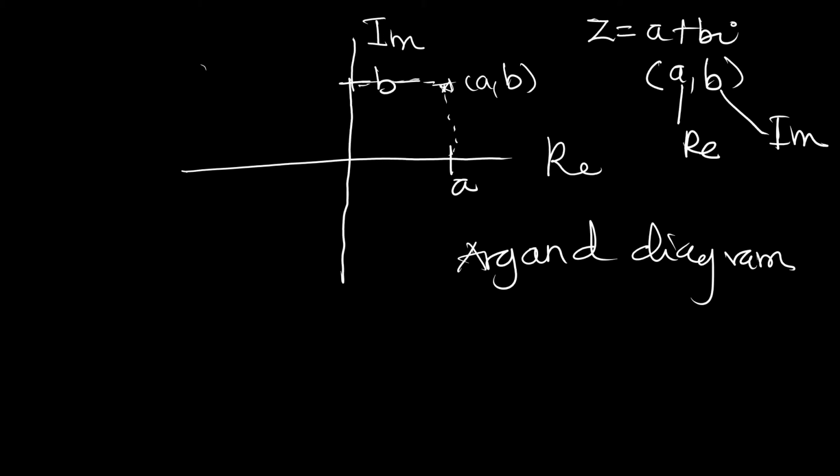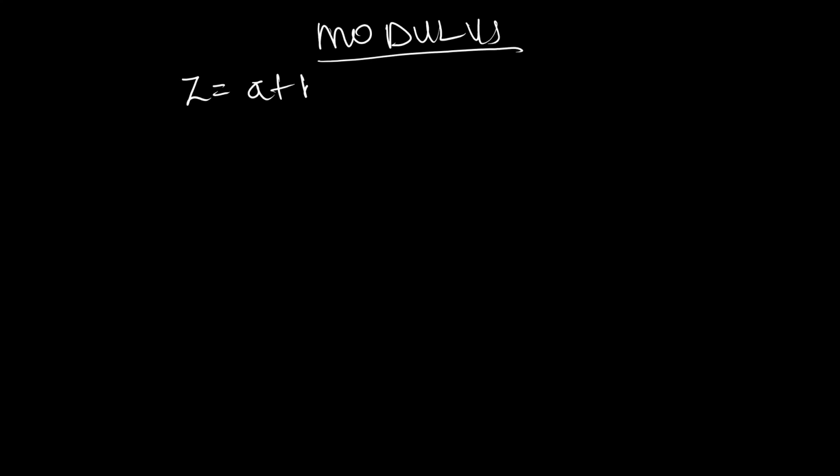Now let's move on to the modulus of a complex number. The modulus R of a complex number z equals a plus bi is written as the absolute value of z, which is defined as the square root of the sum of the squares of the real part and the imaginary part, a squared plus b squared.